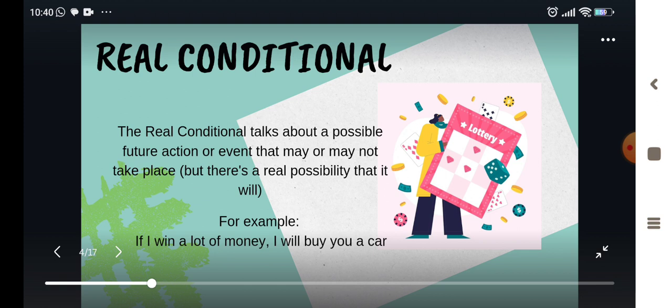And this is a real situation. Maybe if you have luck, you maybe will win the lottery, and maybe you can make the promise to buy a car.